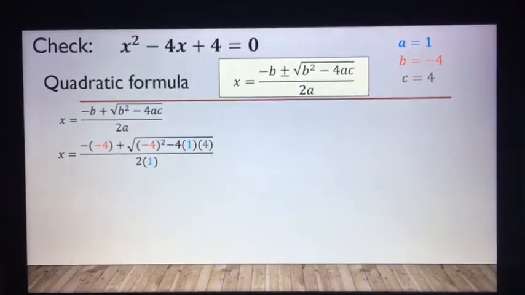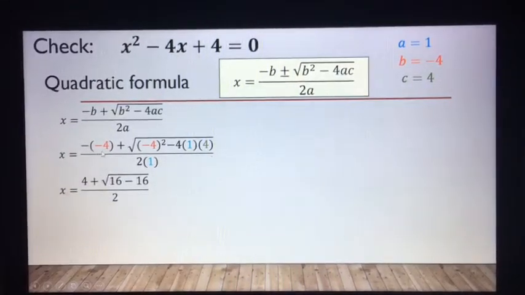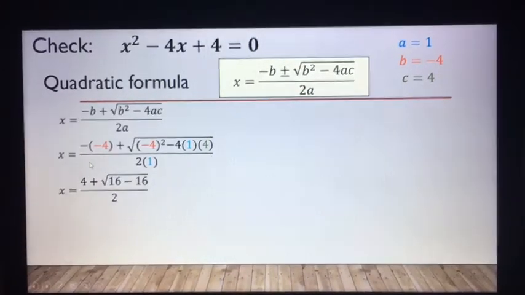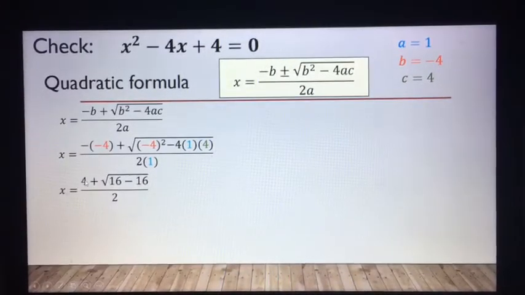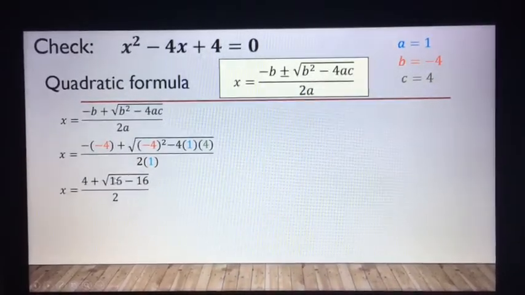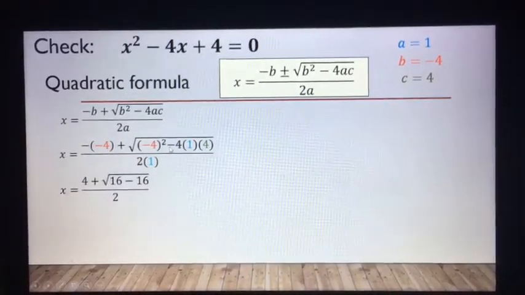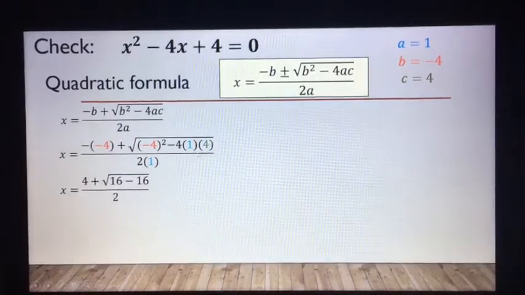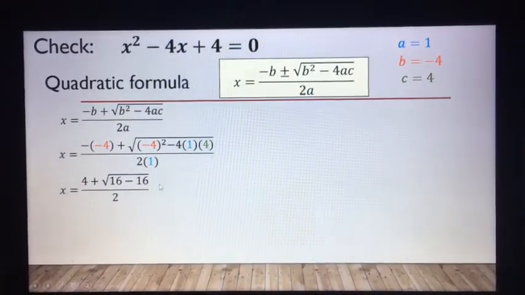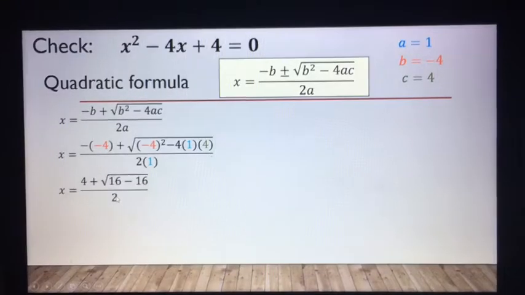So, let us continue. Negative times negative is positive. Positive 4. Okay? Negative times negative is positive. And copy the 4. Plus or minus the square root of negative 4 squared, or negative 4 times negative 4, that is 16, minus 4 times 1 times 4 is 16, over 2 times 1 is 2.